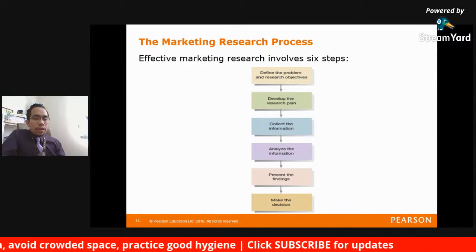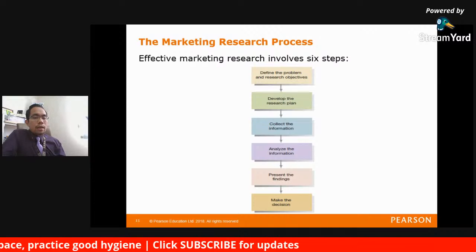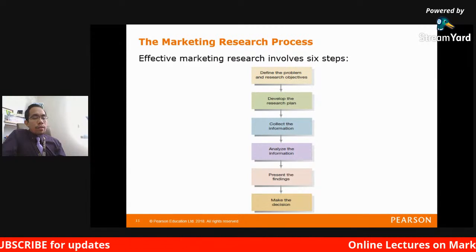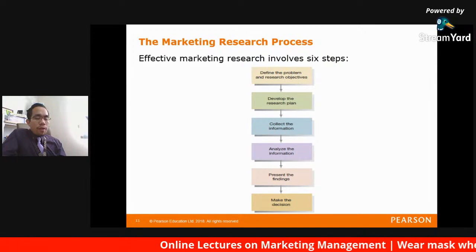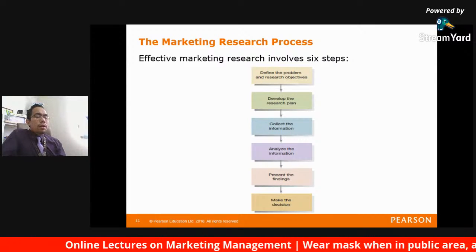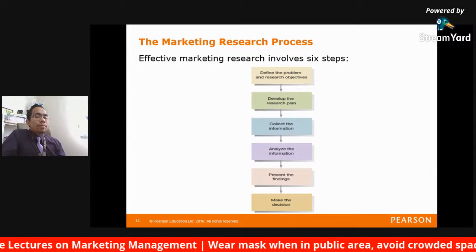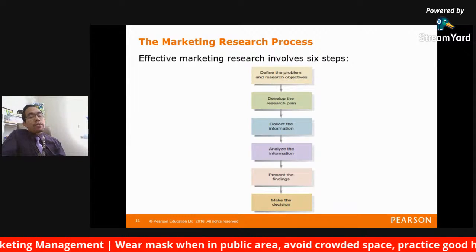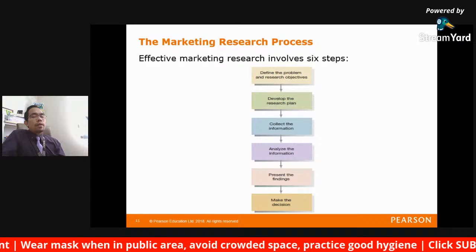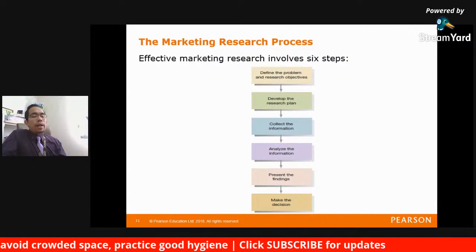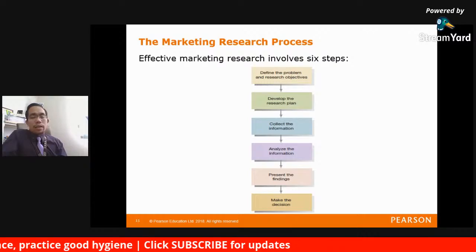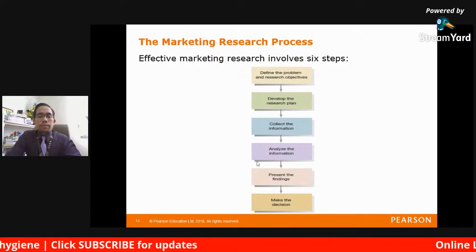Analyze, present the findings, and make the decision. Who will make the decision? People who favor that information. So these steps are very important and very crucial and should be considered when conducting marketing research.